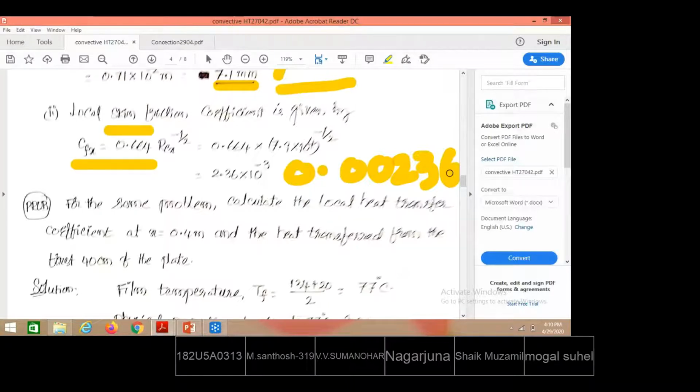So our primary objective, looking at the given problem: if velocity is given, immediately you must estimate the Reynolds number. By calculating the Reynolds number for the given length, you must decide whether the flow is laminar or turbulent. Once the flow is decided to be laminar, open the data book for external flows and laminar flows and the boundary layer.